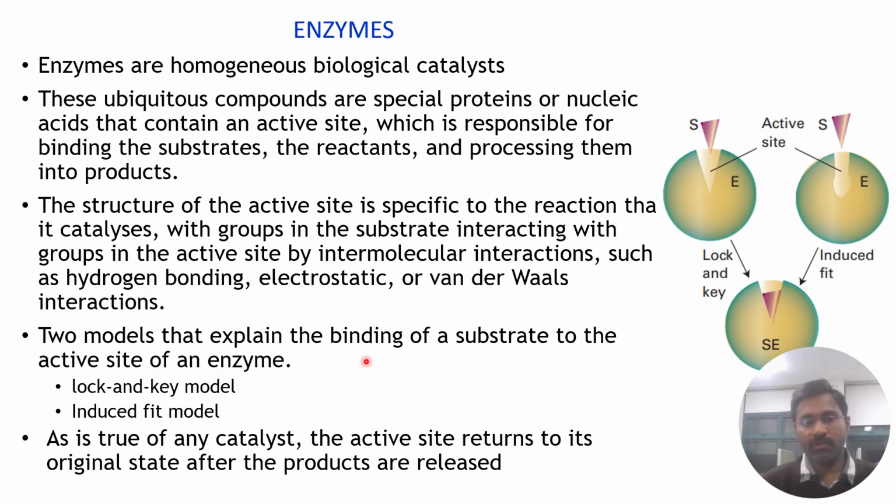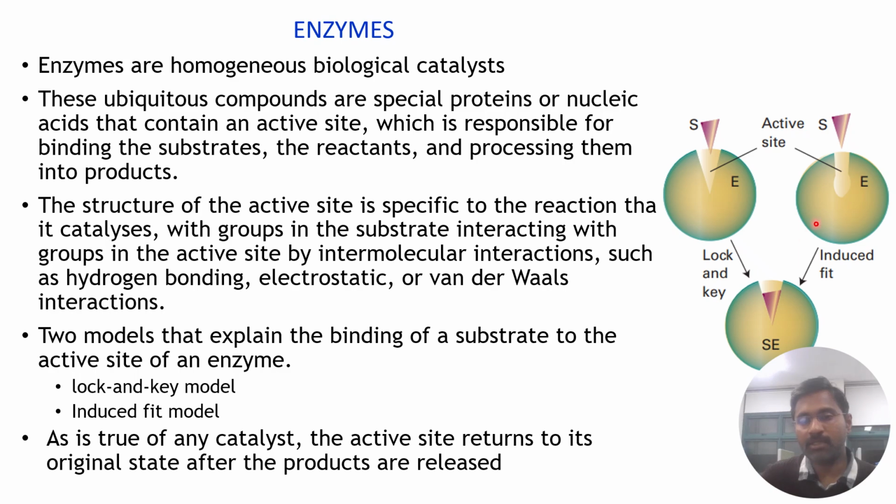In the induced fit model, based on the substrate, the enzyme undergoes conformational changes and adopts a configuration that is suitable for the substrate to fit into, which is the induced fit. The enzyme's conformational change induces fitting of the substrate, the reaction goes on, and it is converted into products.